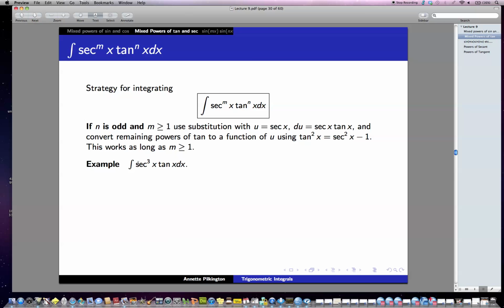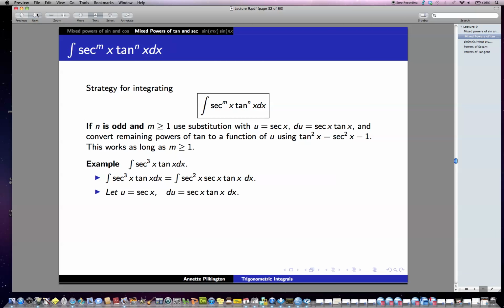Let's check it out for secant cubed times tangent x dx. I'm going to try to make the substitution u equals secant of x. So I split away a secant and a tangent for du. Let u equals secant of x.